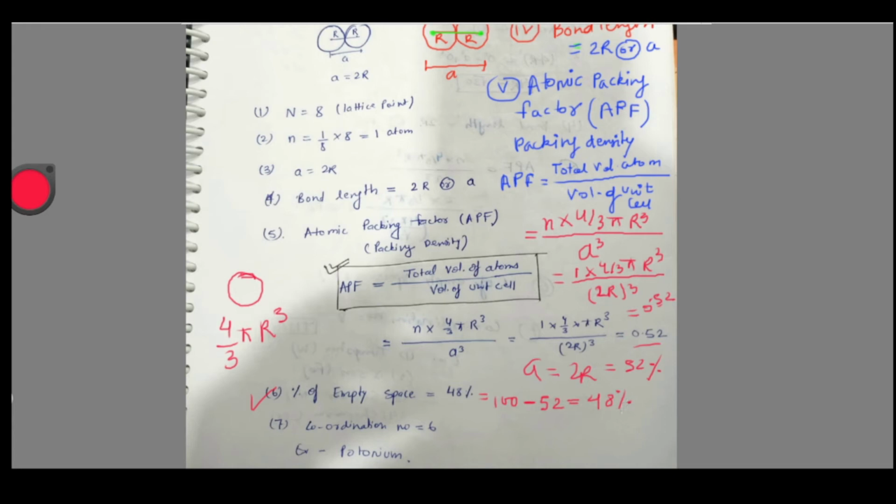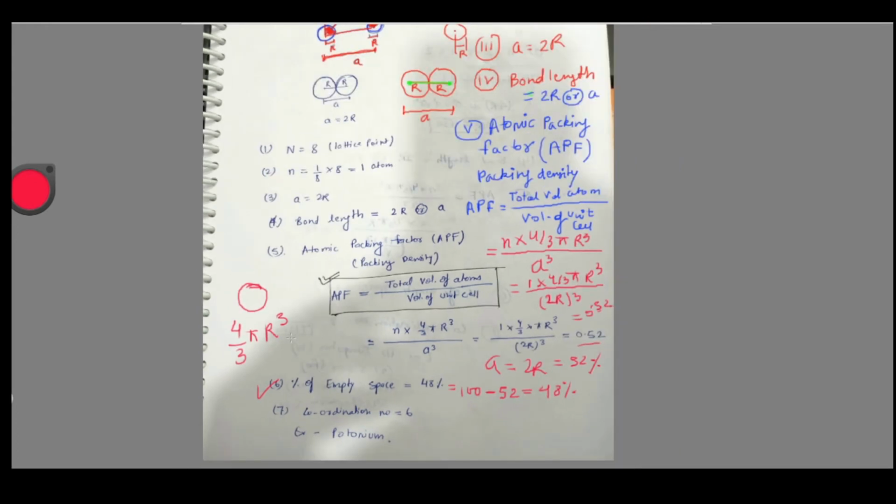And the coordination number: neighboring atoms we call the coordination number. So the coordination number will be 6.